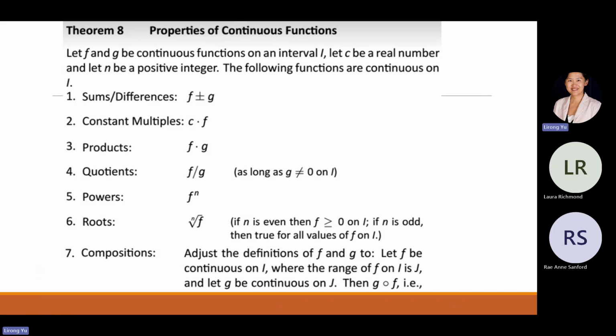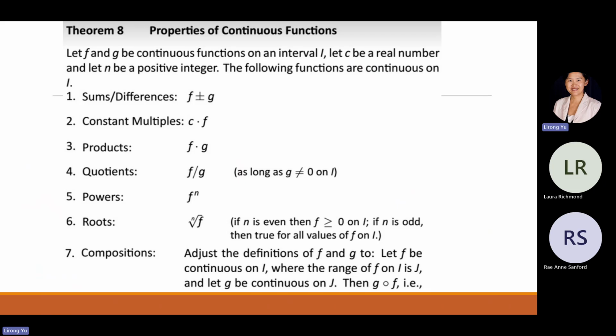Number 5, a power of a continuous function is still going to be continuous. Number 6, a root of a continuous function is still going to be continuous if n is odd. If n is even, then we do require the function to be positive. So the interval for the function to be continuous has to be where the function is bigger than 0. So that's a special thing.